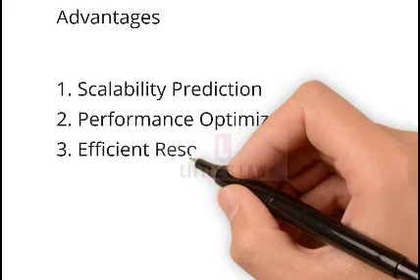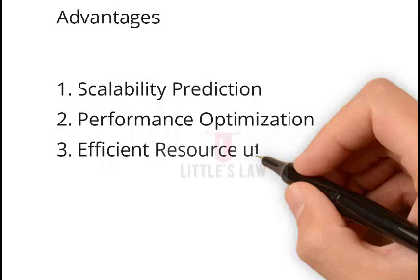The second point is performance optimization, whereby identifying the bottlenecks and areas for optimization, the law guides us in the performance improvements, and it optimizes resource utilization, addresses contention and coherence issues, and enhances overall system performance.